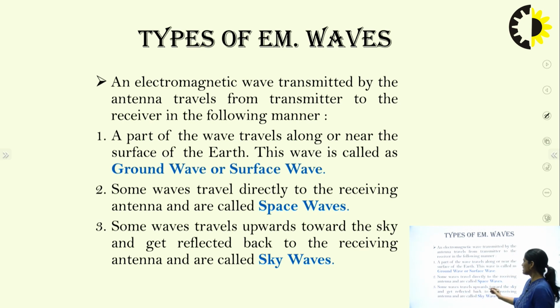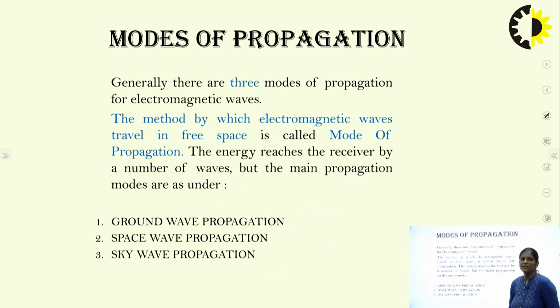Some waves travel upward toward the sky and get reflected back to the receiving antenna, that is known as sky waves. So, these are the three types of electromagnetic waves. Now, modes of propagation. The method by which electromagnetic waves travel in free space is known as mode of propagation. Mode of propagation may be ground wave propagation, space wave propagation, and sky wave propagation.